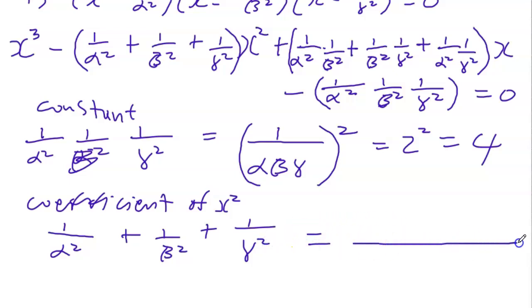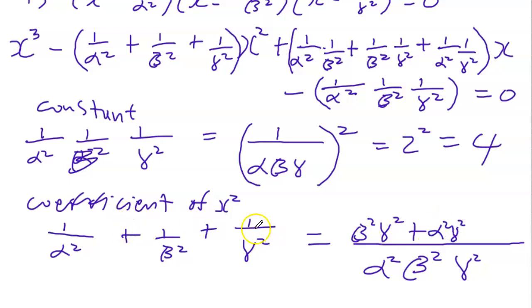We can have a common denominator, which is alpha square, beta square, gamma square, and we can use the idea of equivalent fractions. To make the first term have this denominator, I multiply numerator and denominator by beta square, gamma square. For the middle term, I would need to multiply by alpha square and gamma square. And for the last, alpha square and beta square.